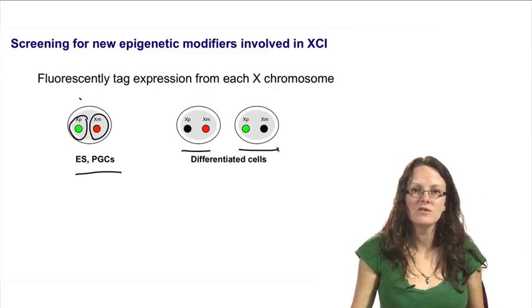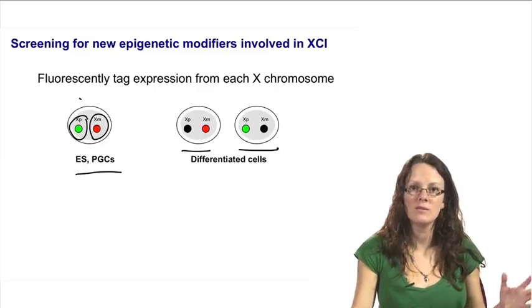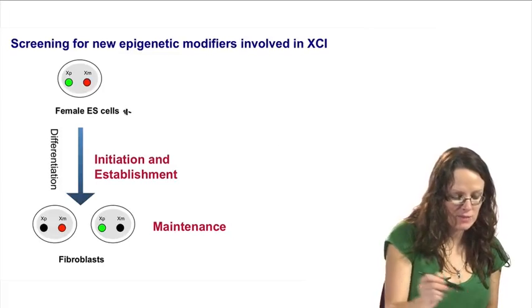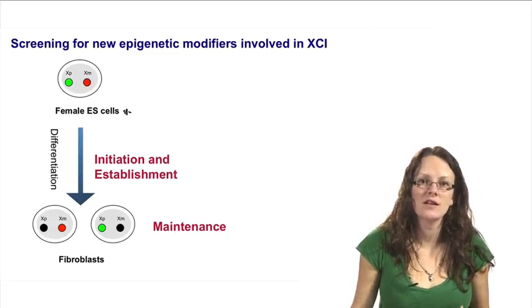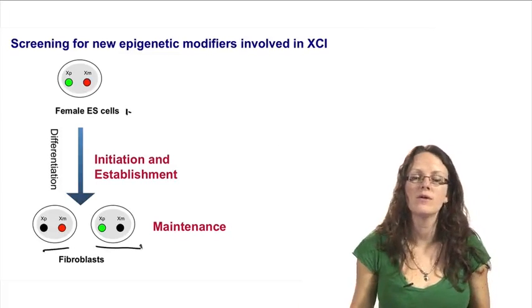So we can use this system to screen for factors involved in these many stages of X inactivation I've mentioned. We can take the embryonic stem cells that are both red and green, induce them to differentiate, and watch them as they turn either red or green, but not both.